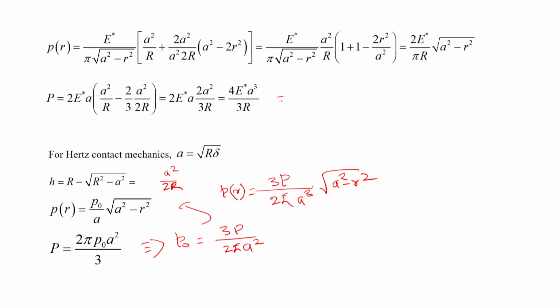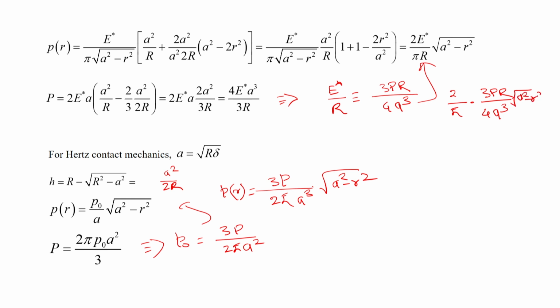So, here also if I see E star over R, that will be equal to 3 into P into R by 4 A cube. So, if I substitute over here, I will get 2 by pi into E star over R. So, it will be 3 P R by 4 A cube square root of A square minus R square.